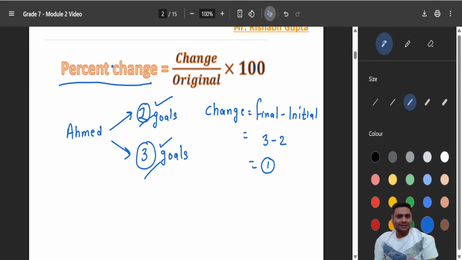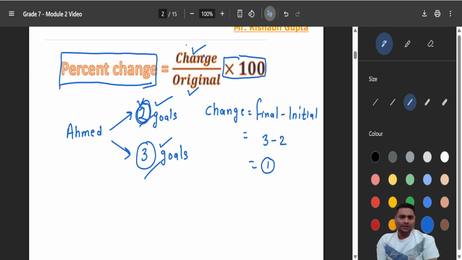But this lesson is not about change, it is about percent change. So I have to change this into percent now. How will I do that? We will use this formula. Put the change up and put the original value down. Original means the actual value, the initial value. In the starting it was 2 only, and then multiply it by 100. Why multiply by 100? I told you, if you are changing a number into percentage, you have to multiply by 100. So let us make the number first: change over original.